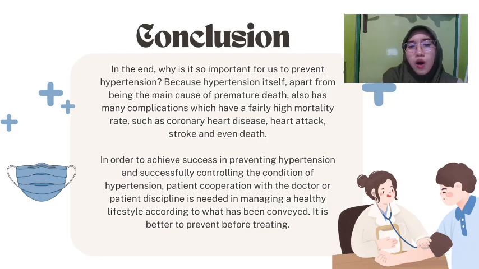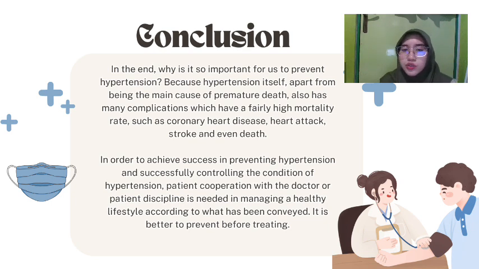In the end, why is it so important for us to prevent hypertension? Because hypertension itself, apart from being a main cause of premature death, also has many complications which have a very high mortality rate, such as coronary heart disease, heart attack, stroke, and even death.